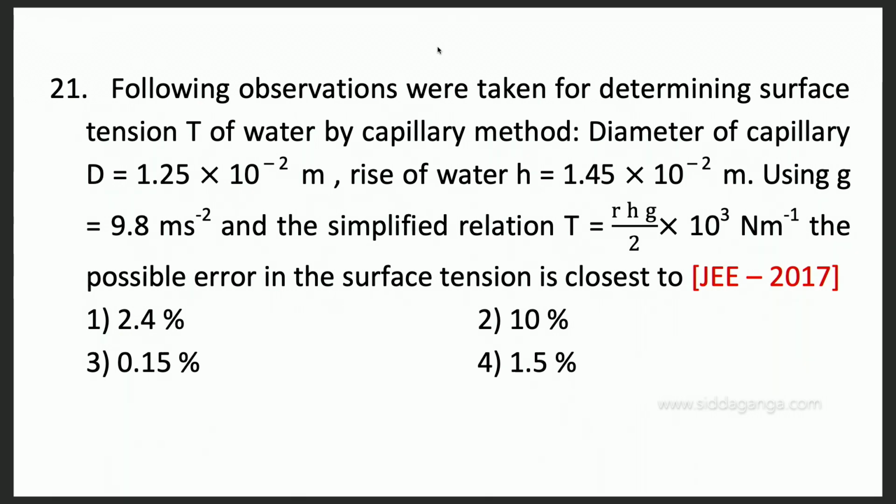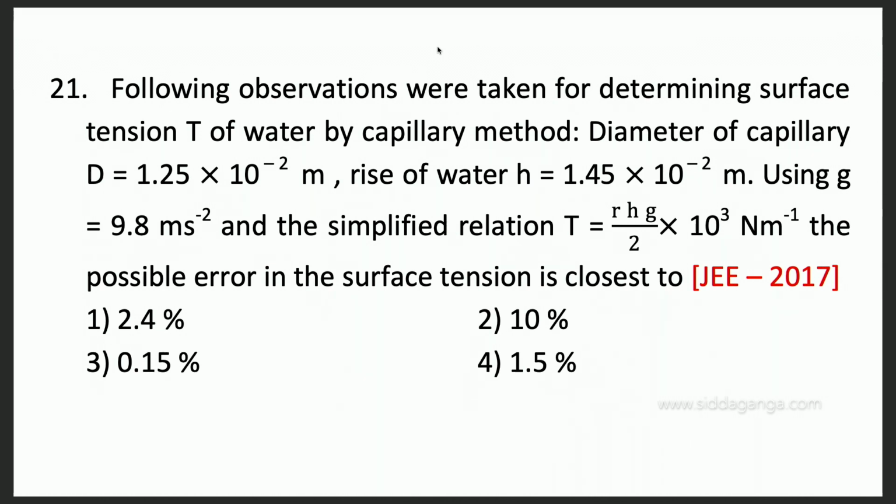Rise of water h is equal to 1.45 into 10 power minus 2 meter, or 1.45 centimeter. Using g equal to 9.8, simplifying the relation, T equals rho g or hg into 10 power 3 by 2 Newton per meter.